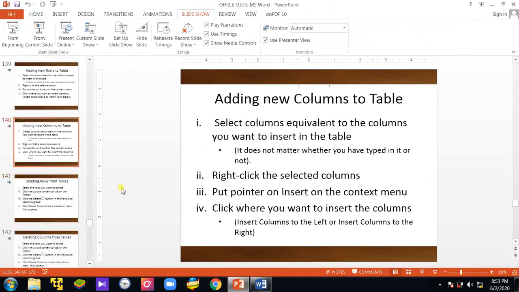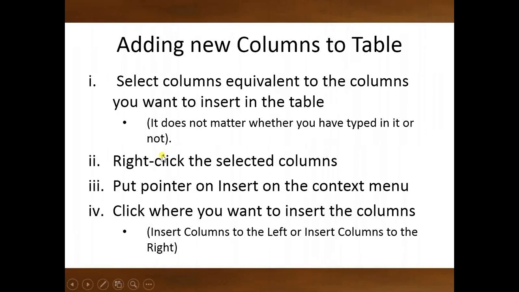Let us look at how we insert columns in an existing table. Steps are given to us as follows. 1. Select columns equivalent to the number of columns you want to insert in the table. 2.